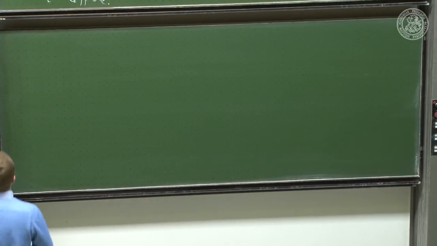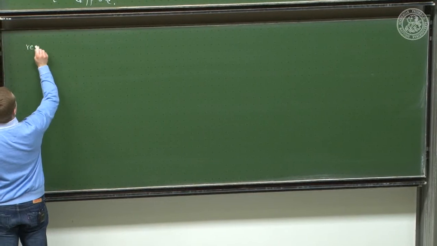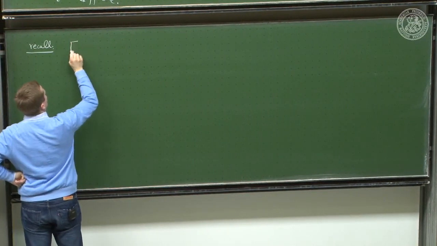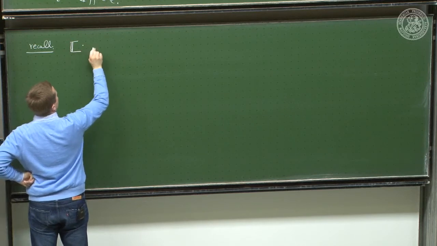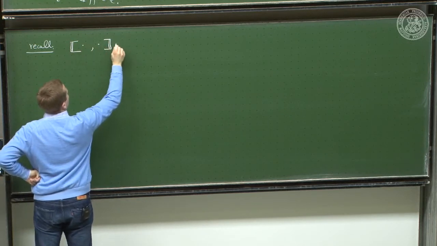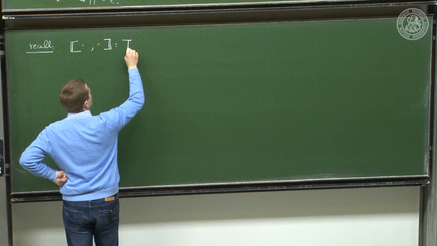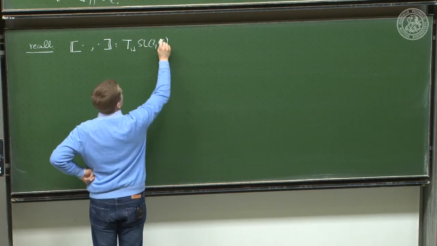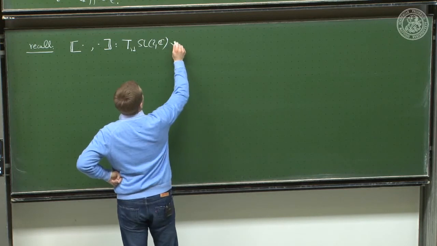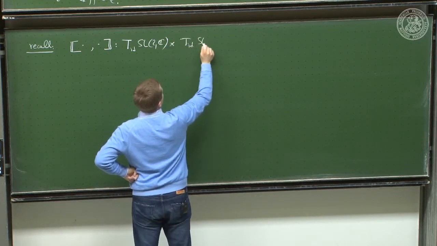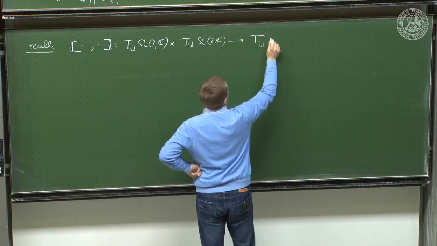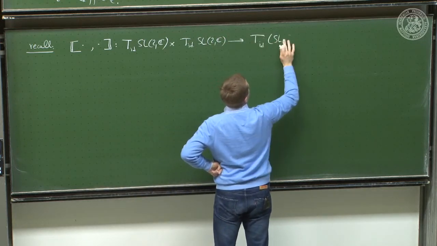So also recall that we defined a bracket written like this on T_id SL2C: T_id SL2C cross T_id SL2C into T_id SL2C.